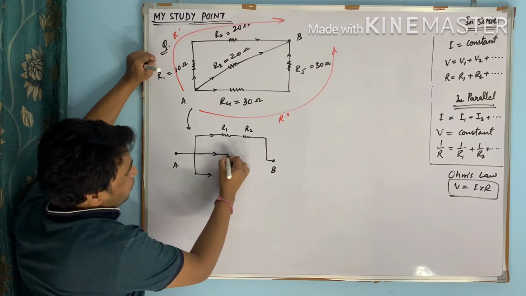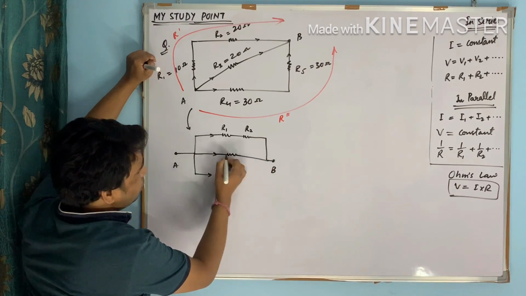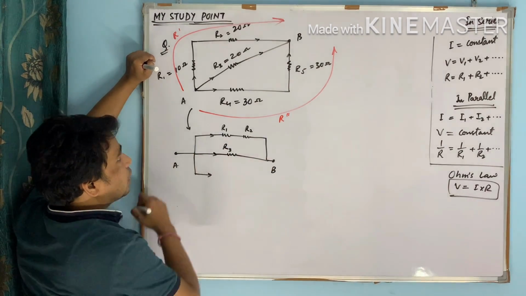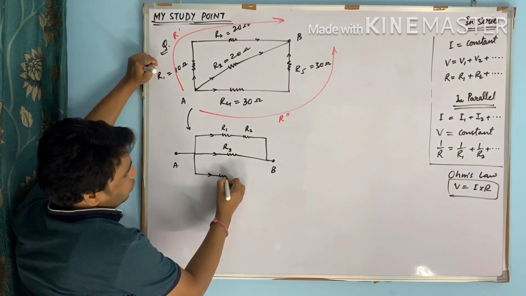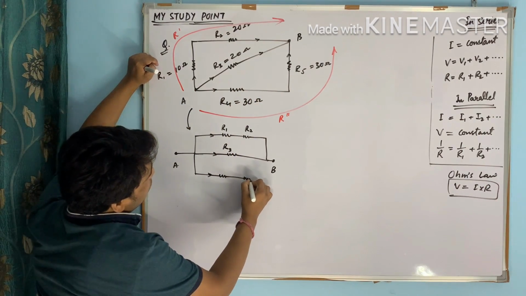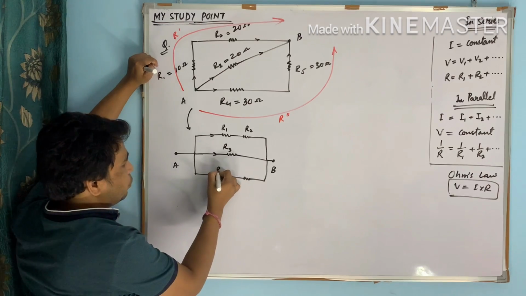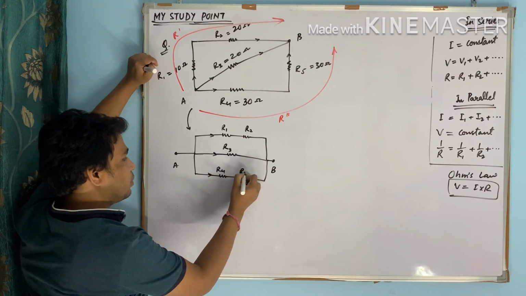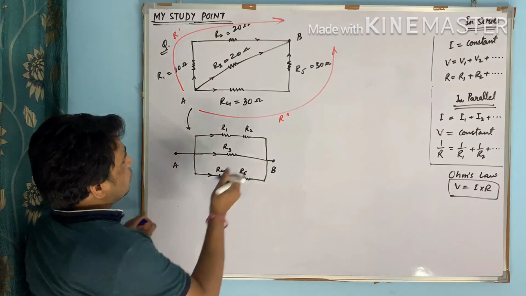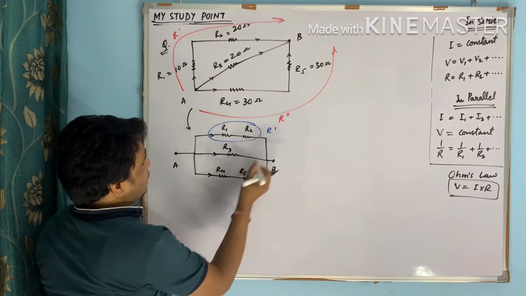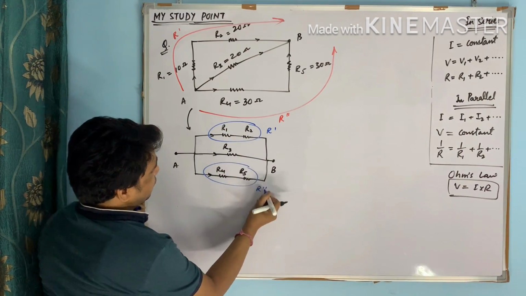If you go from the middle path, you will straight reach to the point B, crossing R3. If you go from the bottom path, there will be two resistors, that is R4 and R5. Okay, so take these two as R dash and these two as R double dash.